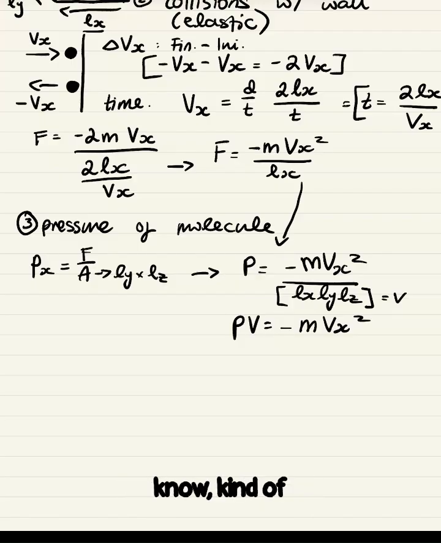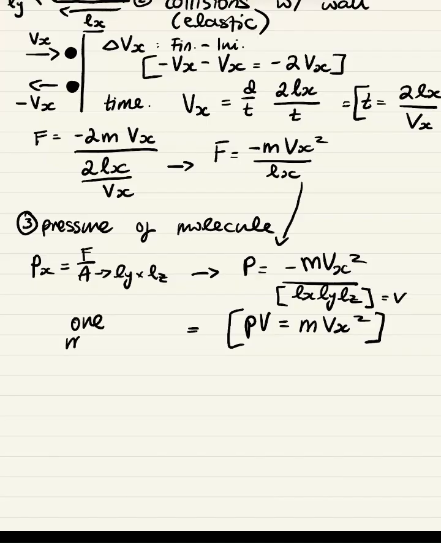But technically, you can't have negative mass, and this is squared anyway. So we can remove that negative. Okay. So this is sort of the first part. This is considering one molecule.